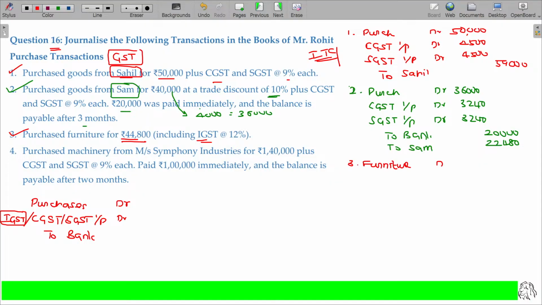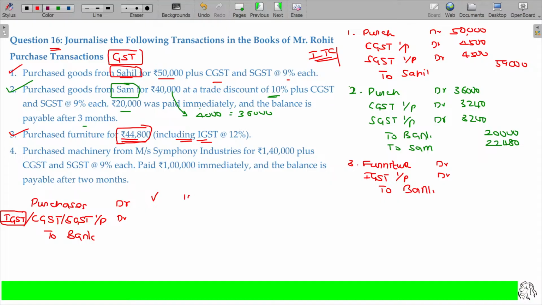If you have the chance to get the IGST back, sometimes you cannot, but assuming this IGST money is recoverable, then IGST input will be posted. Account debit, to bank. In this case, the 44,800 includes IGST at 12%. It already includes it.